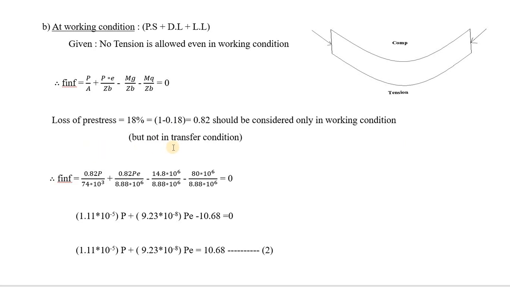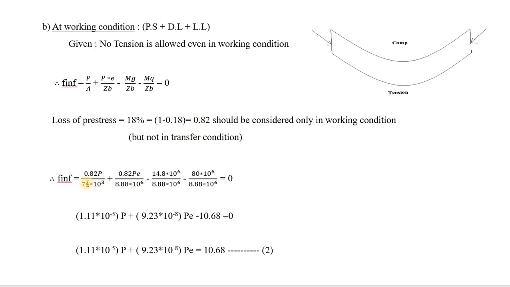Just understand the difference. In the first condition live load is not there, in the second condition live load is there. As live load is present, the loss of pre-stress should be considered. It should be 18%, which means 18 by 100 equals 0.18. So subtract that 0.18 from 1, you will get 0.82.